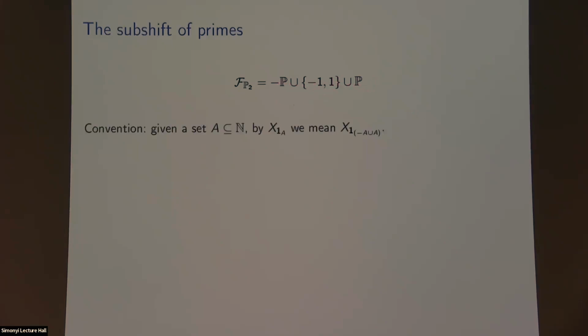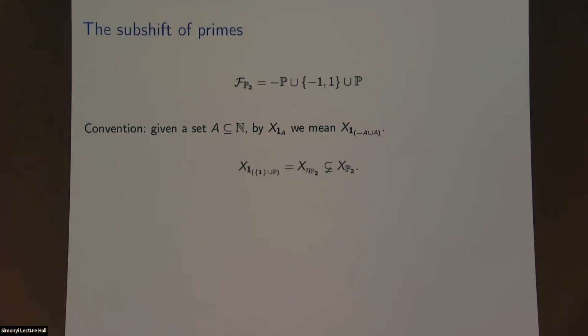We shall use the following convention, that given a set A of natural numbers, we will denote by X indicator A, X indicator of the union of A and minus A. And the latter is the subshift defined by the characteristic function of this union. That is the closure of the orbit. Just to shorten the notation, you write this instead of this.